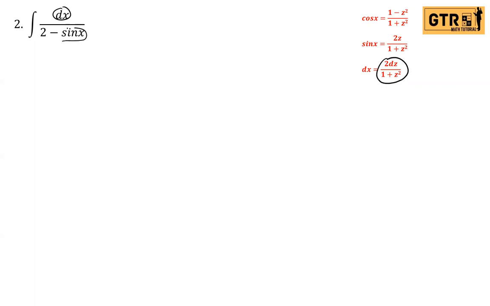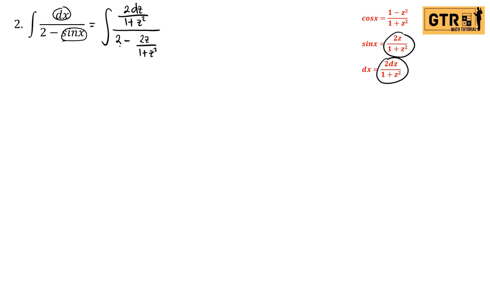And then for sine x, we substitute 2z over 1 plus z squared. Okay, so therefore, the integral will be equal to dx, which is 2dz over 1 plus z squared. And then for the denominator, we have 2 minus the value of sine x, which is 2z over 1 plus z squared. Okay, so let's simplify the denominator.